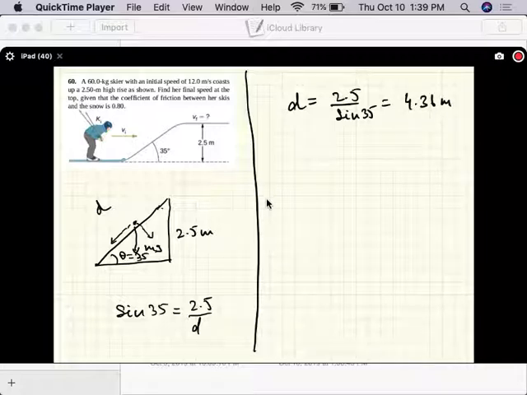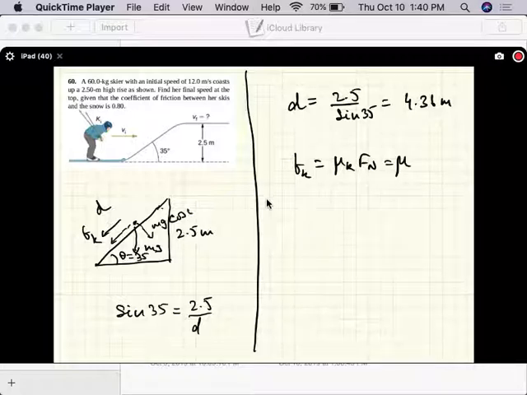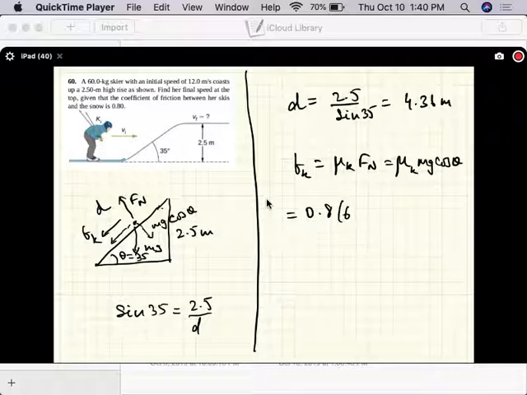And then we also have to find the friction force on her. Friction force is mu k times the normal force, which is mu k times mg cosine theta, which is 0.8 times 60 kg.